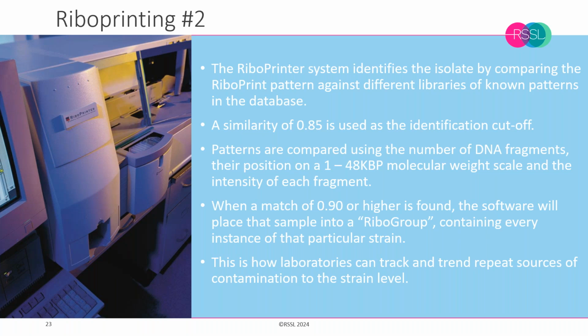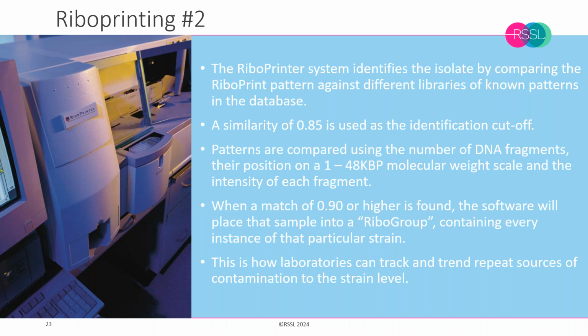And also when we get a match of 0.9 or higher, the software will automatically place that sample into a particular ribo group. So it's either against something that's in the library, so it will say we've got this strain of Bacillus subtilis and it's matching our Bacillus subtilis family within our ribo group, or it'd be down as an unknown.